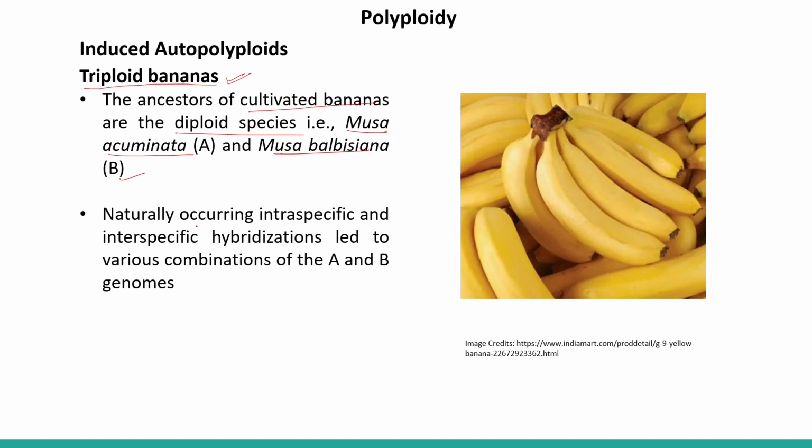Naturally occurring intraspecific and interspecific hybridization led to various combinations of A and B genome. Capital A represents the genome of Musa acuminata, and capital B is the genome of Musa balbisiana.